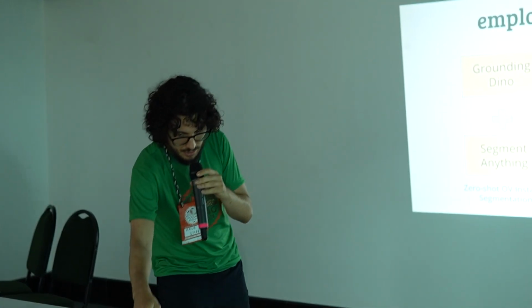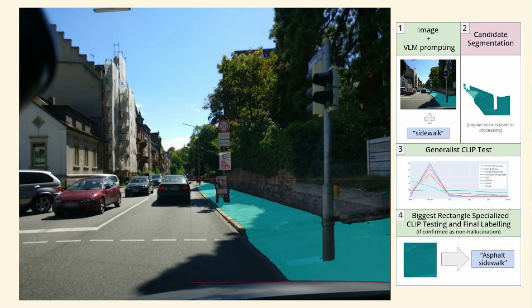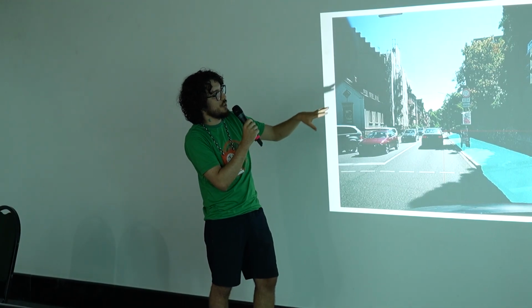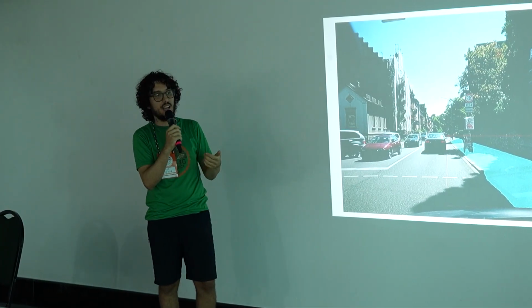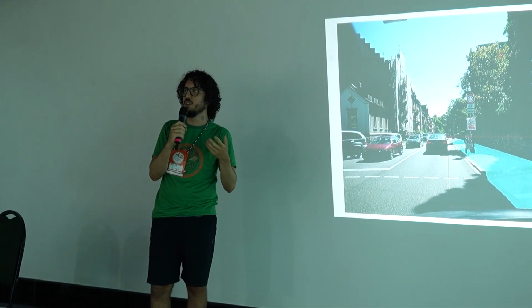Let's show an example. If you pick this picture that I believe is from Italy, first you ask for sidewalk as a prompt, because it uses the visual language model. Then you have the candidate segmentation, and as it is also a language model, it can hallucinate.